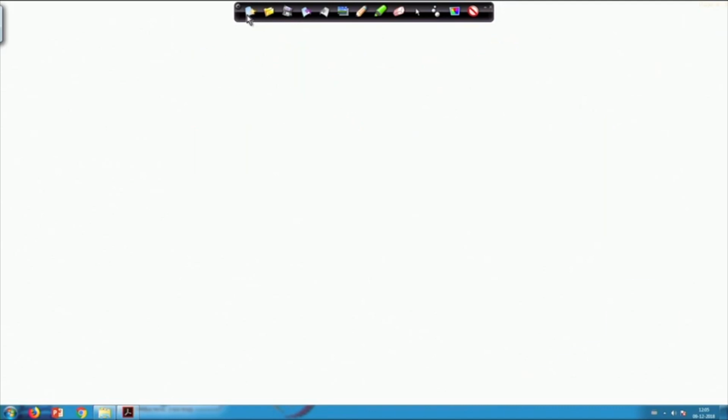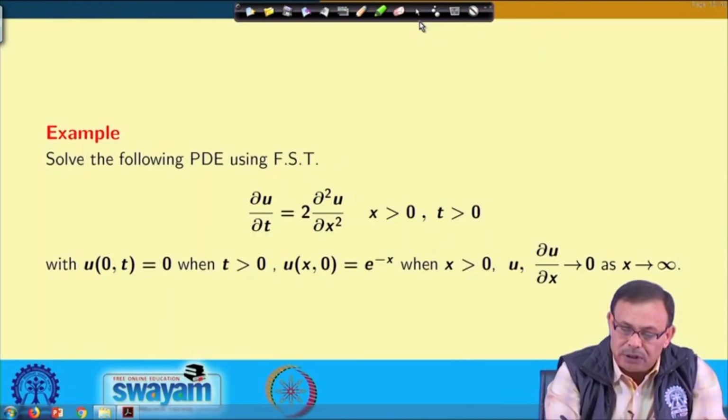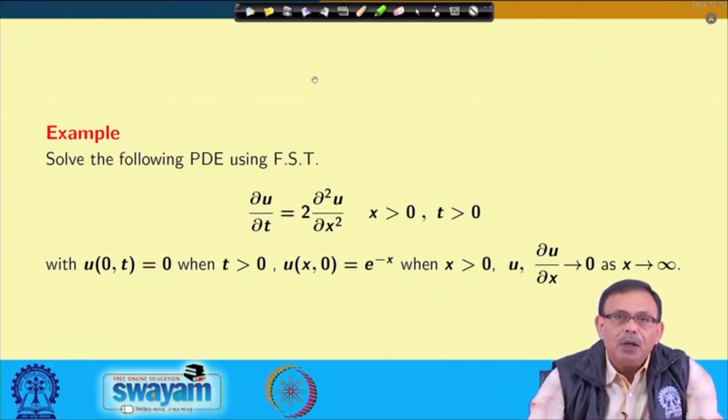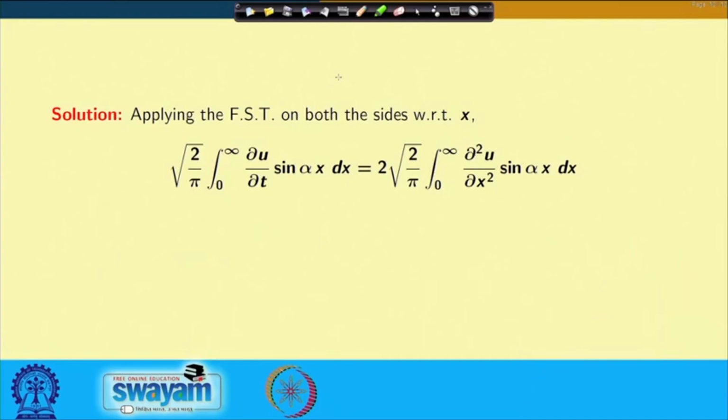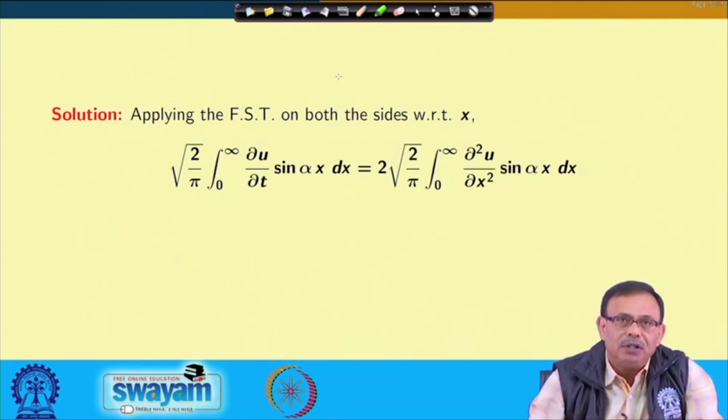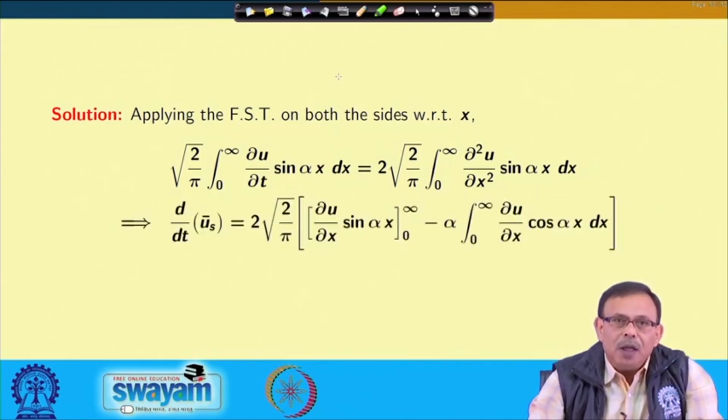So, let us check it quickly. The problem was this: I am using the Fourier sine transform on both sides with respect to x. Once I use the Fourier sine transform with respect to x, I will obtain this value. So, d dt of u bar s equals 2 into root over 2 by pi into sin alpha x from 0 to infinity minus alpha integral 0 to infinity del u del x into cos of alpha x dx.